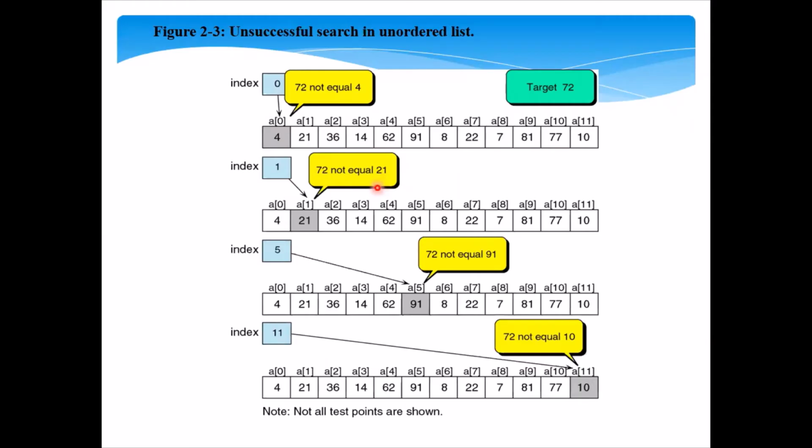If it's still not equal to the target value, we move to the next index until we reach the end of the elements. If the last element is still not equal to the target value, we stop the execution of the loop and return a value, which by default is mostly negative one. It means that we did not get the target value, or we can simply say that the target value is not found.